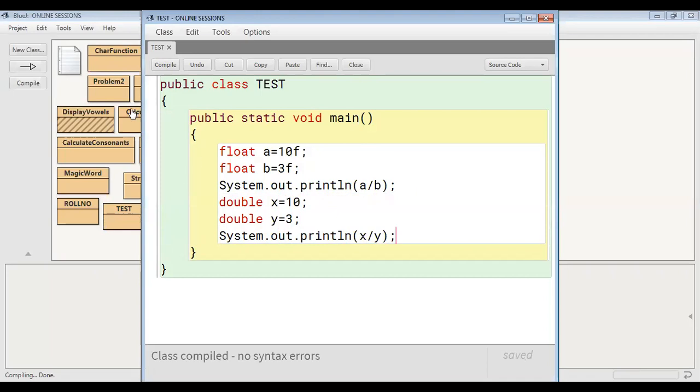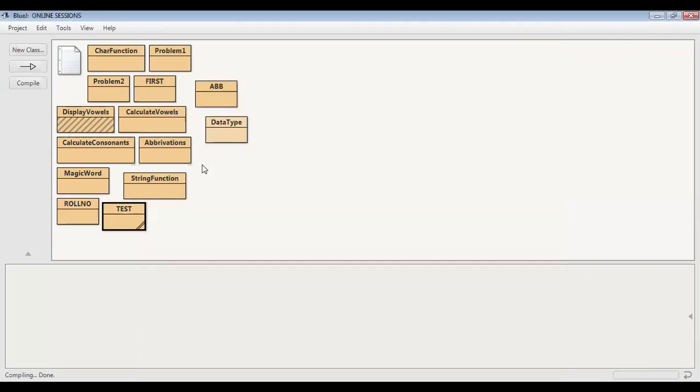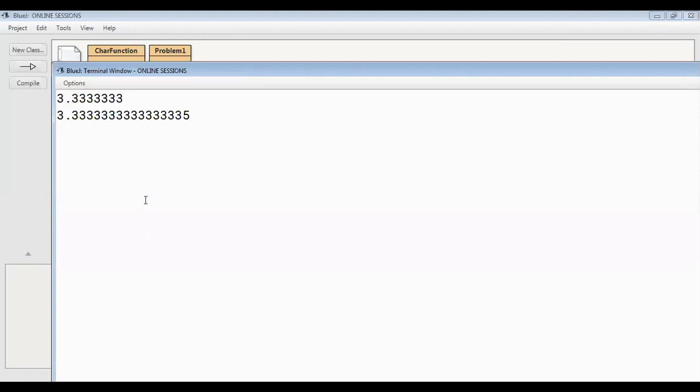So what will be the answer? The answer is still the same, 3.33, but since I have taken the data type as double, see the accuracy. You will find here it is 1, 2, 3, 4, 5, 6, 7, 8, 9, 10, 11, 12, 13, 14, 15, and 16.